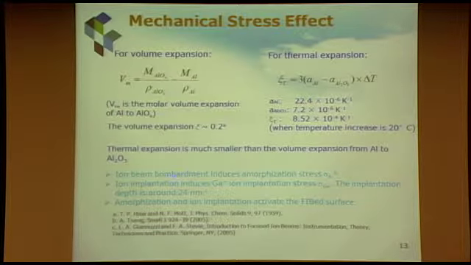And then the implantation depth is only about 24 nanometers. And it's not much because we are really creating very thick layers, like a few hundred nanometers. So if you only have 24 nanometers, it doesn't really determine the process. So the main driver for the pore formation and growth process is volume expansion.